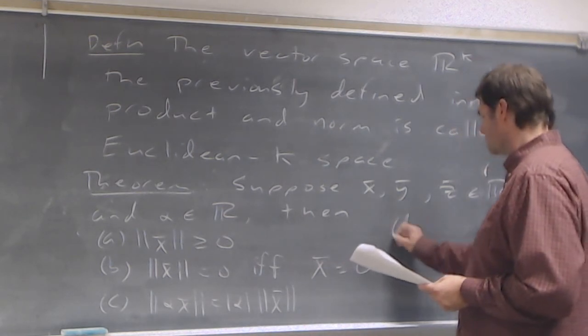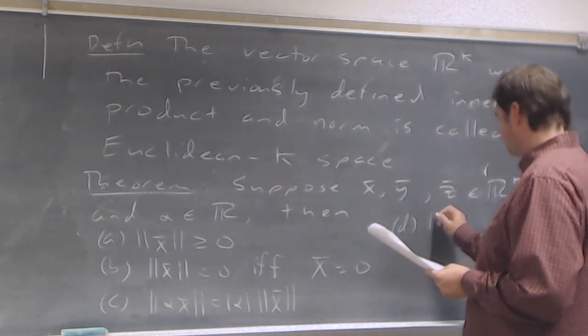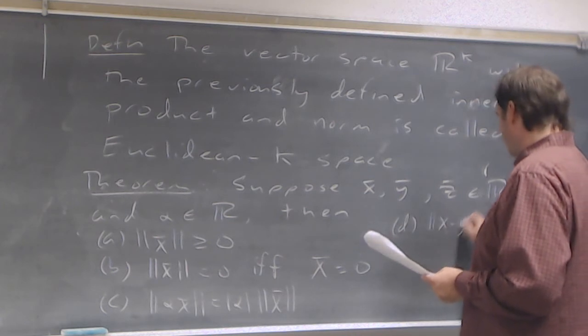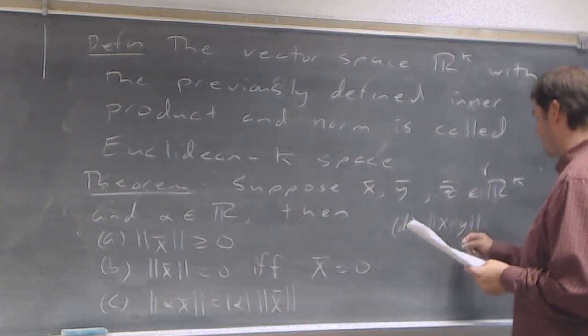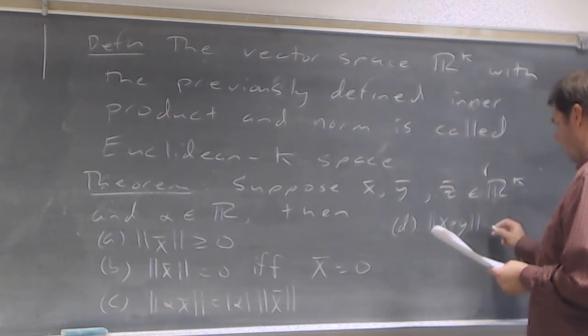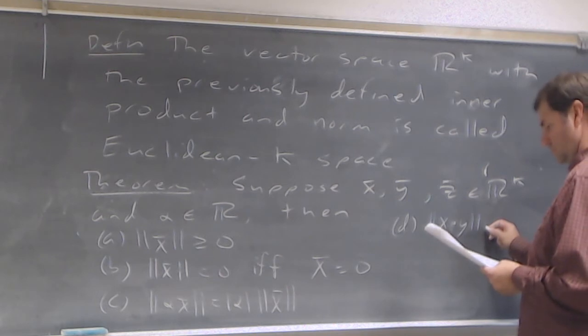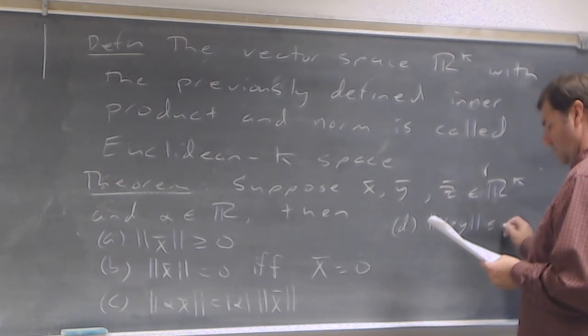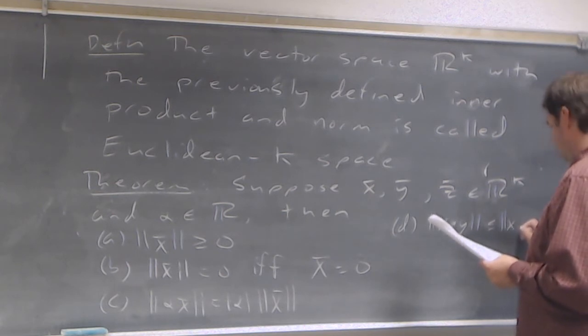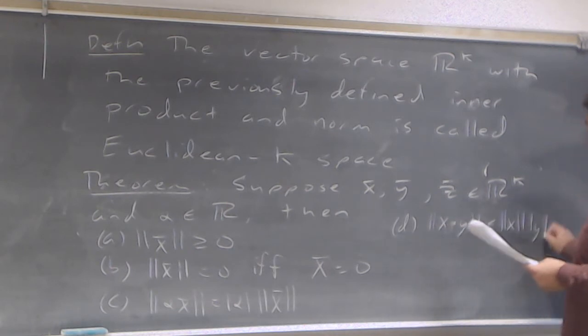D, the norm of x times y is less than or equal to the norm of x times the norm of y.